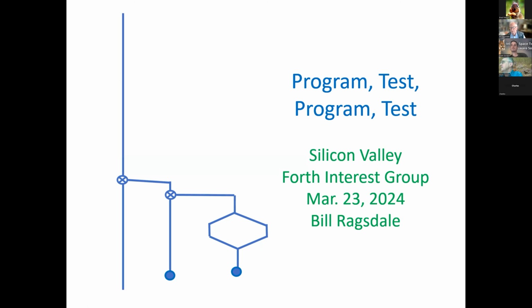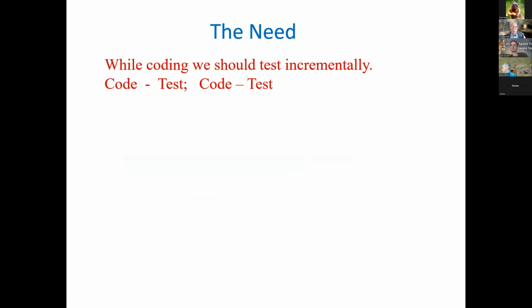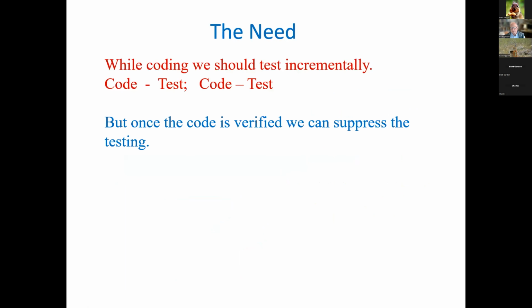Welcome to our theme, program test, something comfortable for all of you with Forth. As we know, we should test incrementally with Forth. The beauty is that you can recompile little chunks of code right on the fly, perfect it as you go, integrate your test routines along with your code.